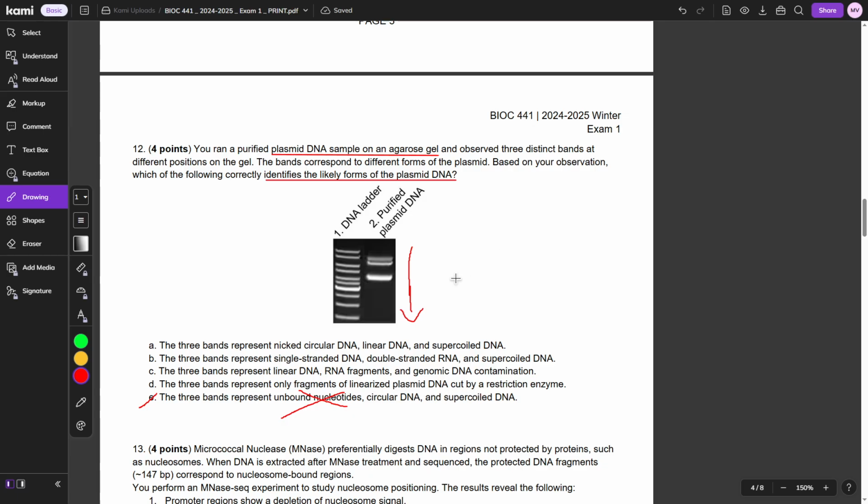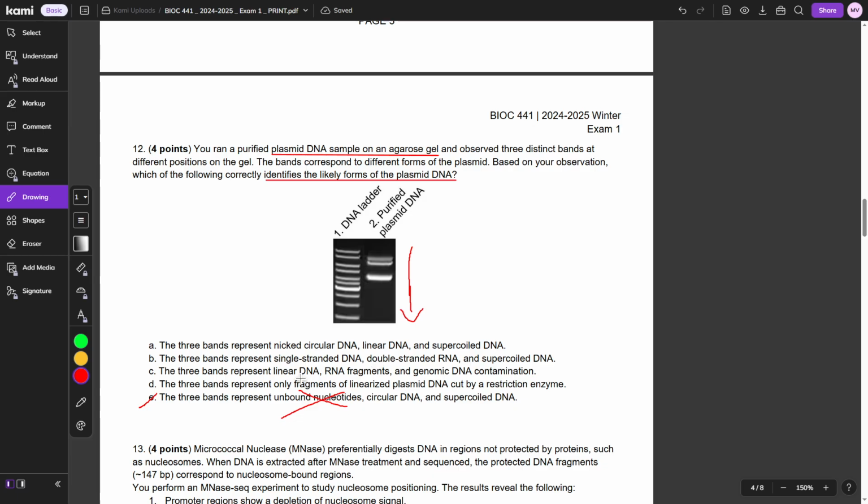No. I mean, linearized plasmid, maybe, but I mean, that could be a reasonable answer. It's better than E, that's for sure. I guess we'll look at C first, though.